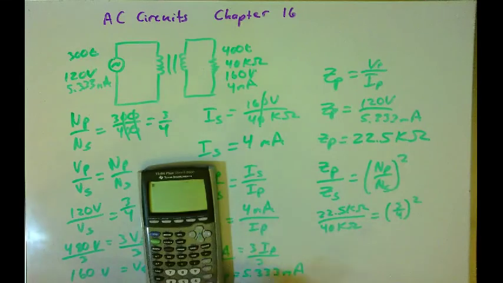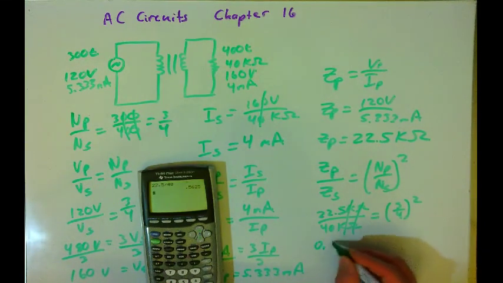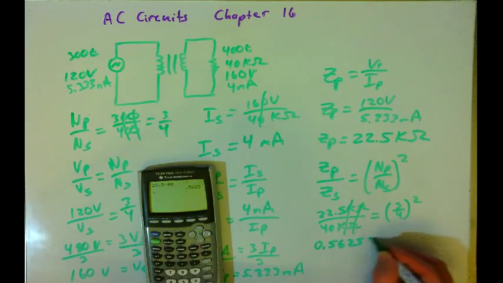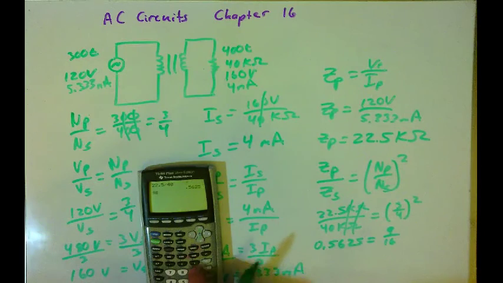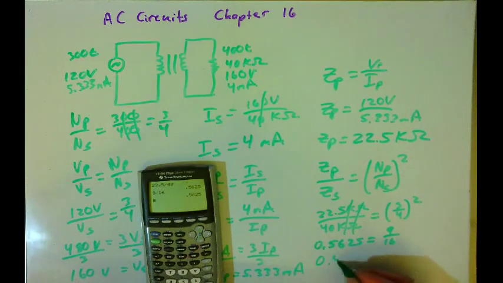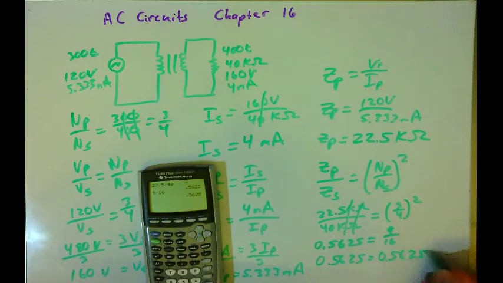And so we'll check our answers here. We've got kilo ohms cancels. We've got 22.5 divided by 40. So over here we have 0.5625. Over here we'll have 9/16. And 9/16 is 0.5625. So these are equal. That just shows us that we have the correct answers.